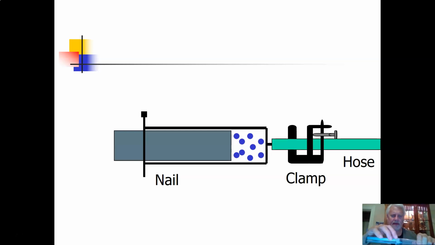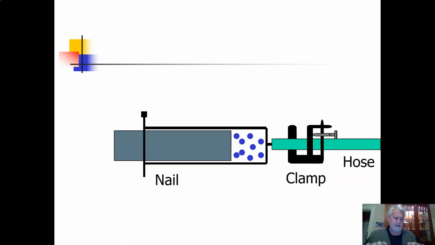And then we're going to drive a little nail through there so it won't close or open. So that's the apparatus. So what we have here is a little sample of this trapped unknown gas.